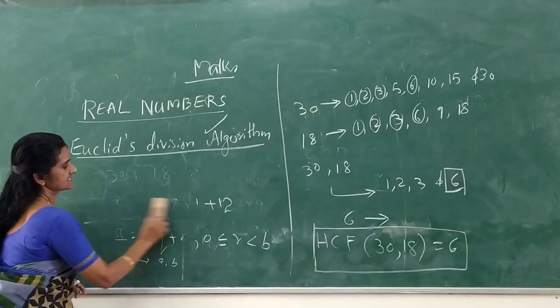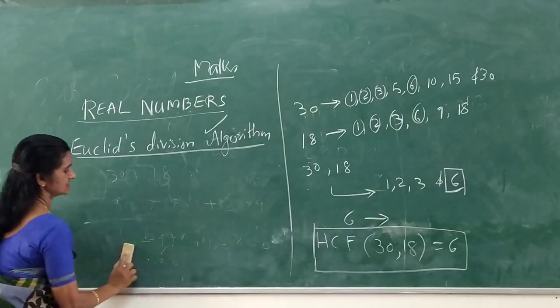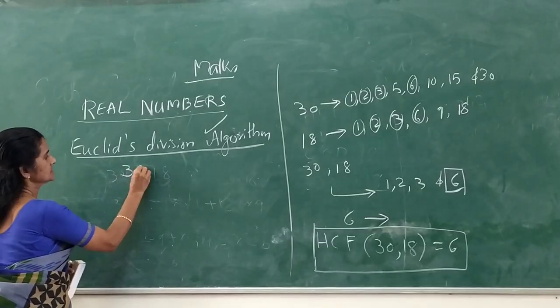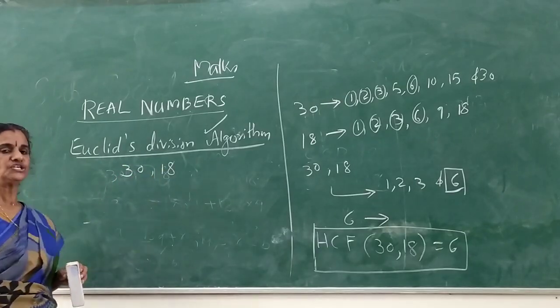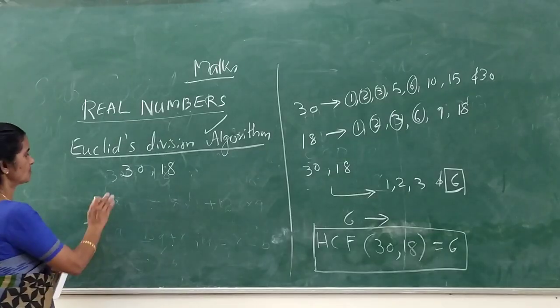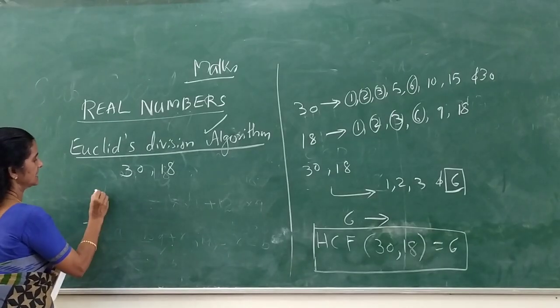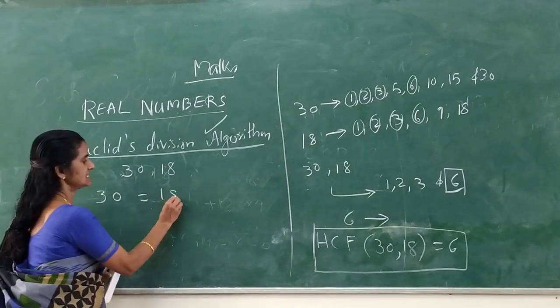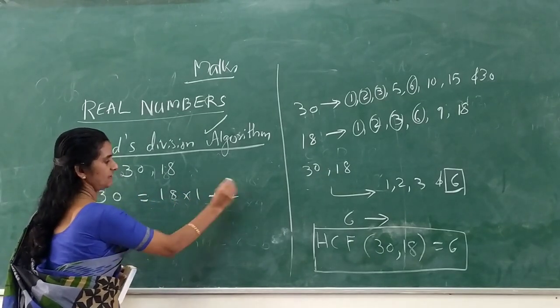Now, let us see the step-by-step procedure for finding the HCF of the given numbers 30 and 18 using Euclid's division algorithm. Using Euclid's division lemma, we can express 30 as 30 is equal to 18 into 1 plus 12.